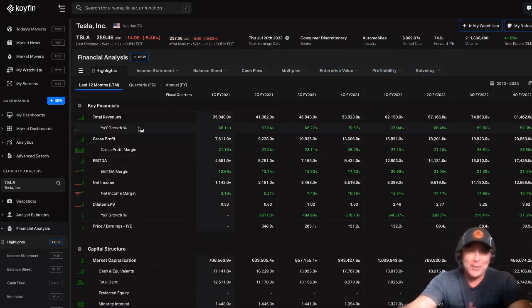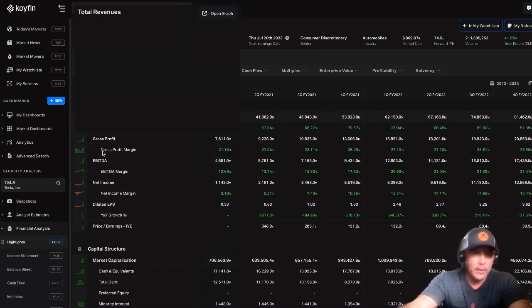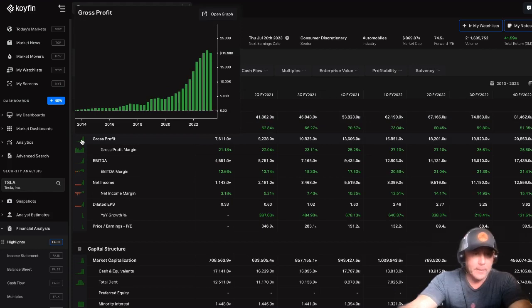But this is what I really enjoy about this particular site because it's easy on the eyes. Say, for example, on the gross profit, they've got these bar charts. And so this, for me, is just a quick hack. I can take a peek and visually size up the health of the business.